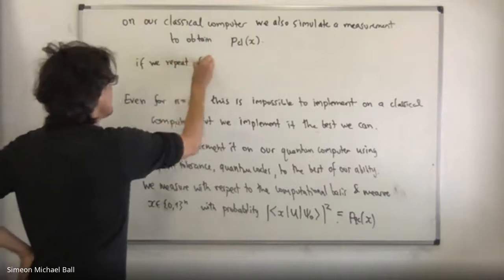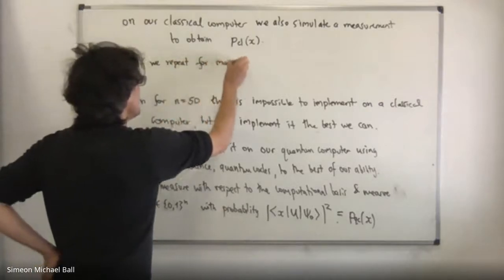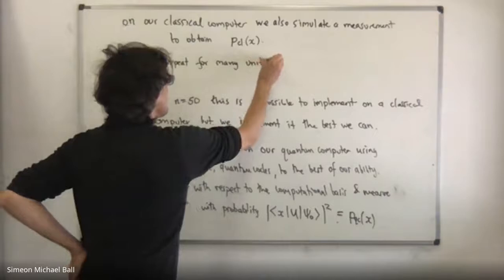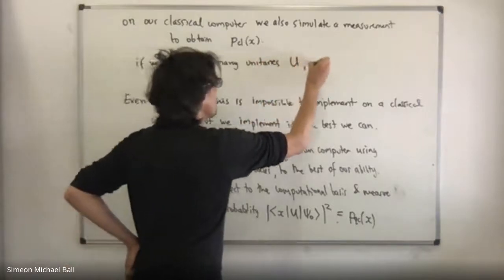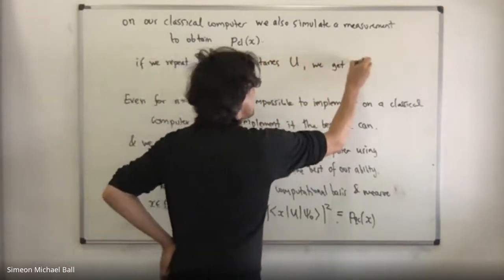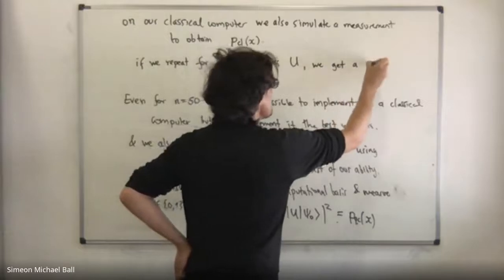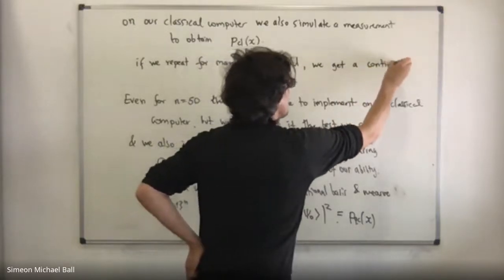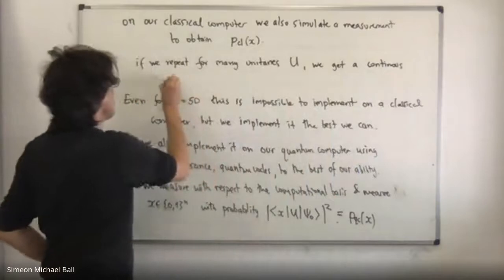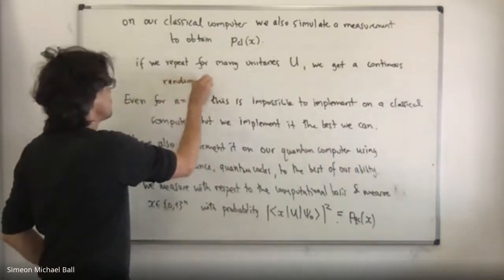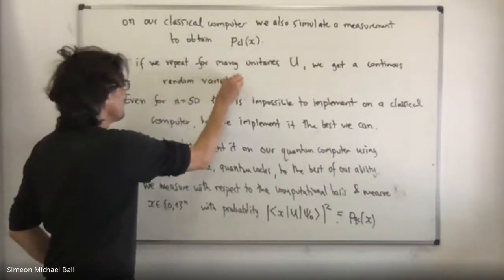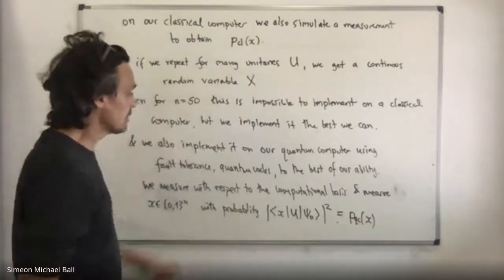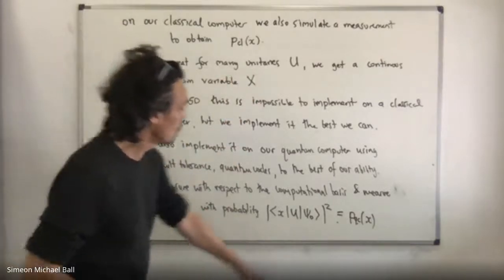So if we repeat for many unitaries, we get a continuous random variable x.